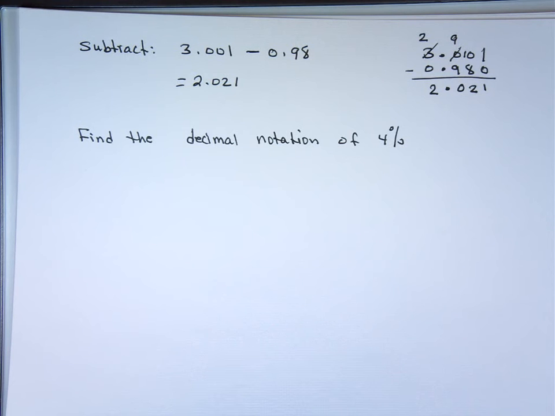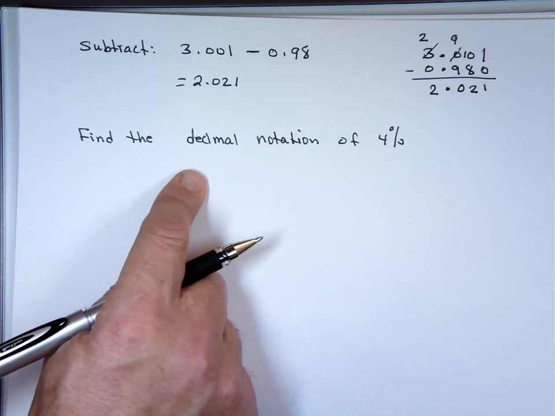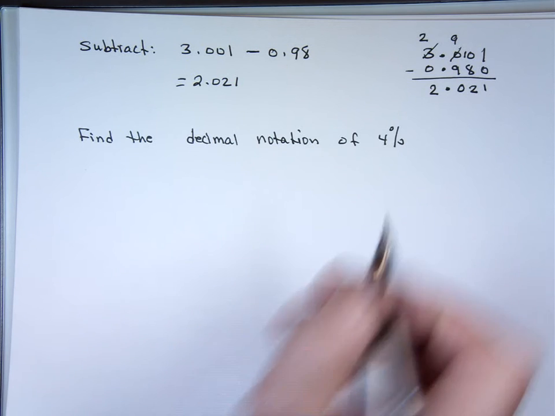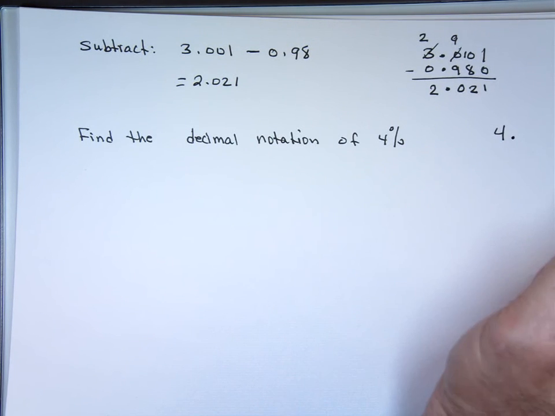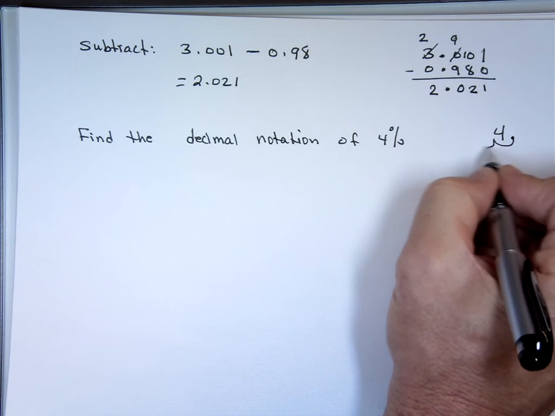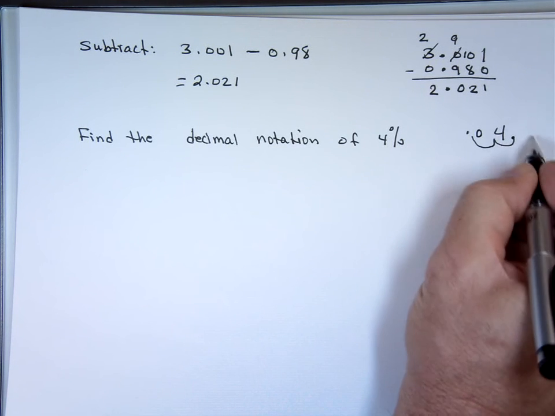I said remember the alphabet when you do that. Where is the decimal in relation to percent? To go from percent to a decimal, you have to go to the left 2 places. So the 4 doesn't have a decimal point, which means here. Move it 2 places to the left. What's the answer? 0.04.